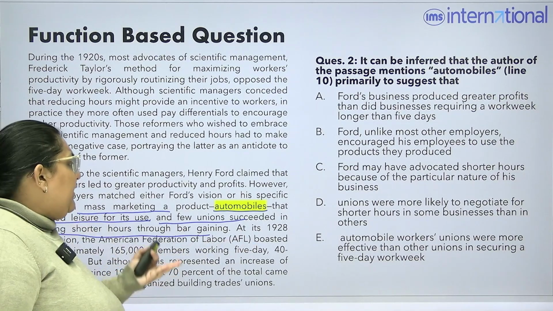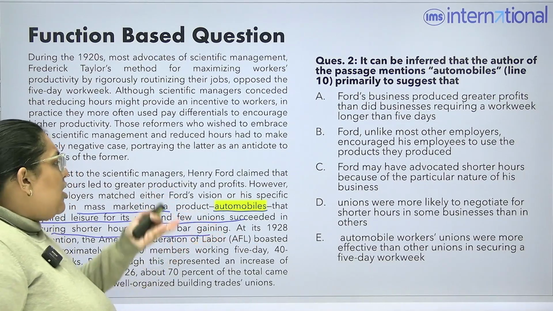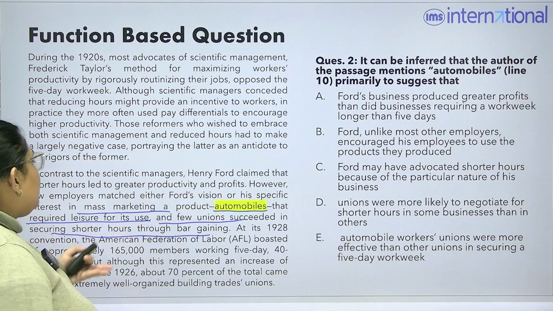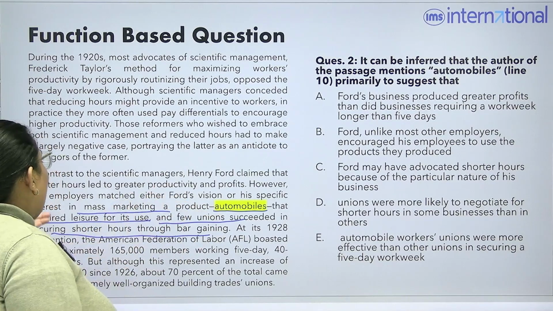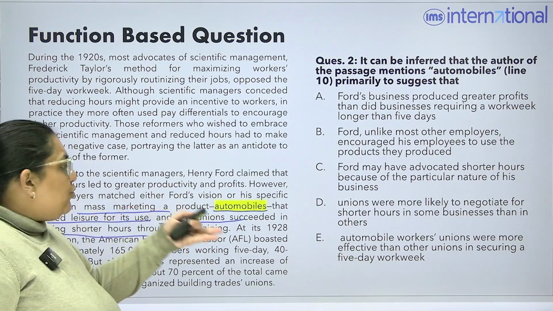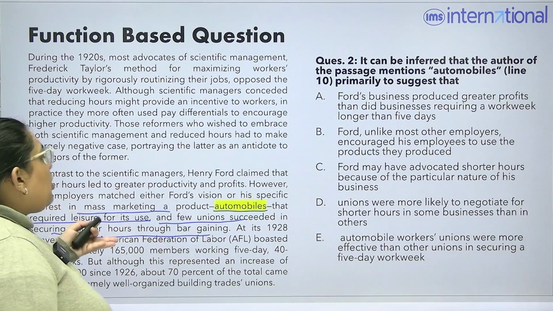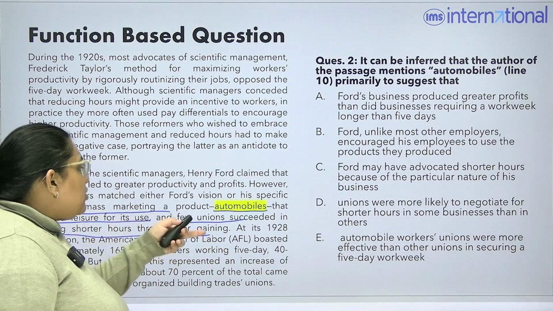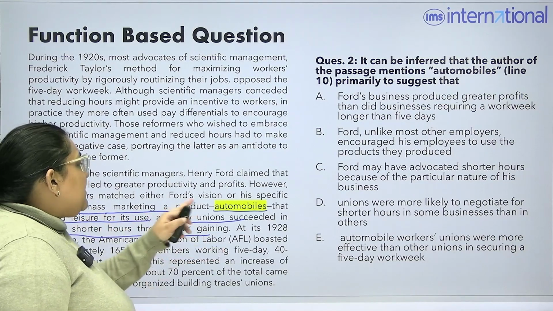So majorly the author talks about automobiles to showcase that these were certain products which required leisure, and few unions were able to secure this leisure time. So the mention of automobiles is regarding this.